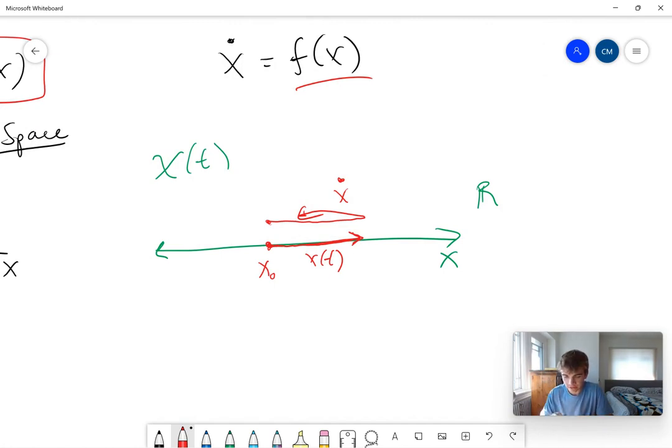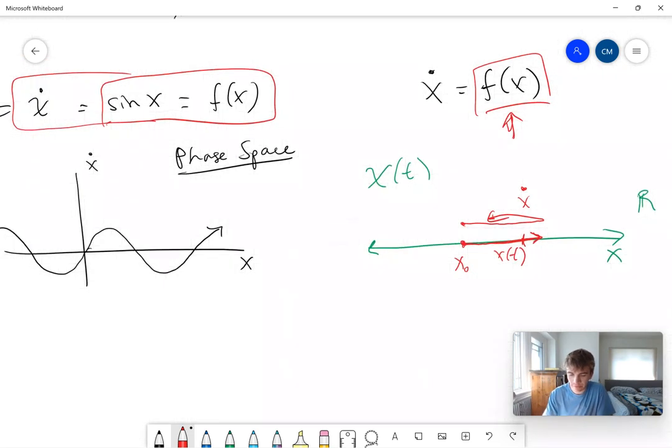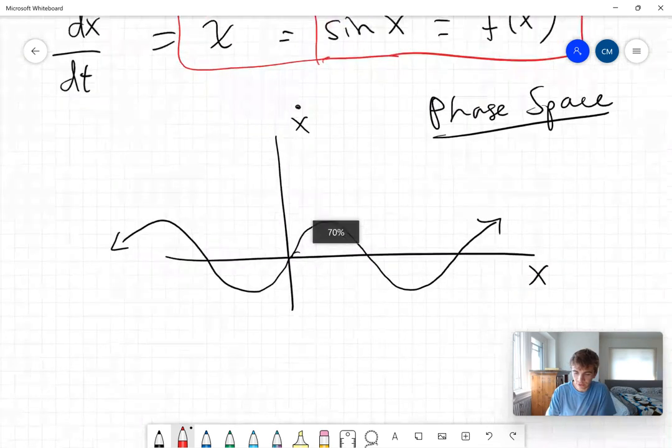And since f of x is single valued, so for every x we only have a single value of f of x, that means x dot can only have one direction of flow. And so we can never reverse direction back on itself, because that would require f of x to have two outputs for a single input, which would break the fact that it's a function. Hopefully that made sense.